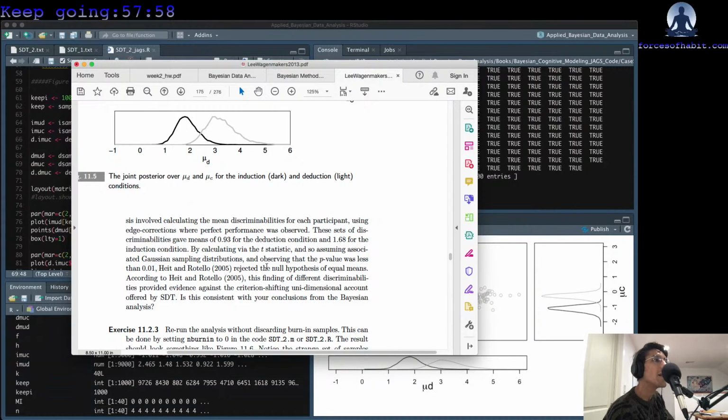This finding of different discriminability provides evidence against the criterion shifting unidimensional account. No, this is not consistent with the Bayesian analysis I got.